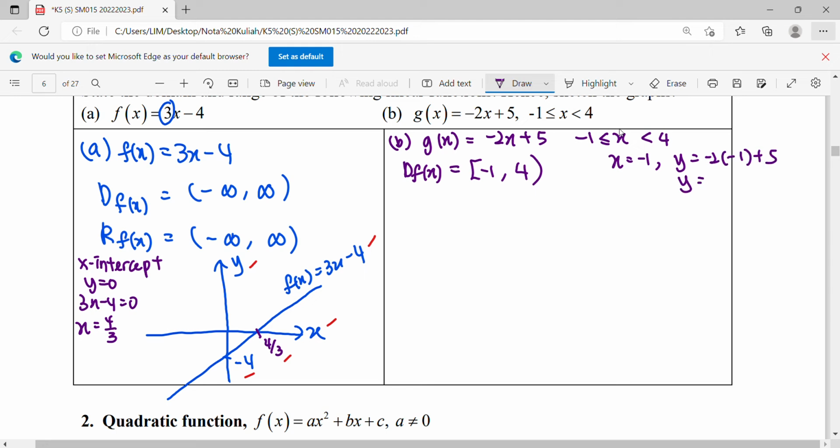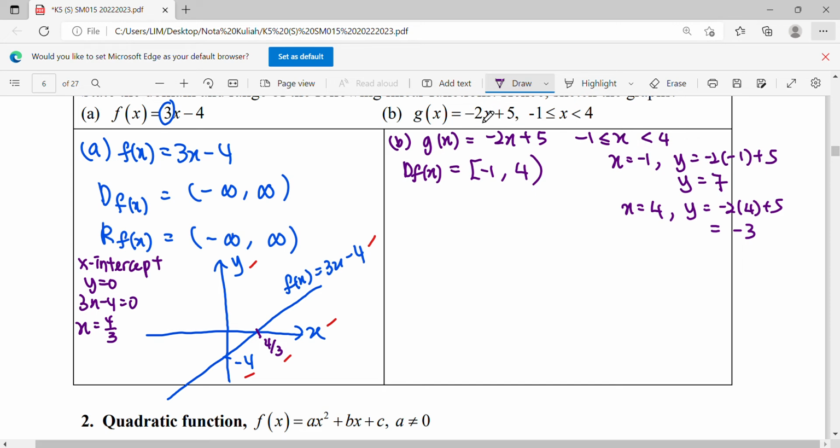So y coordinate will be 7. For the last point, x is 4. Y will be -2 times 4 plus 5, which is -3.